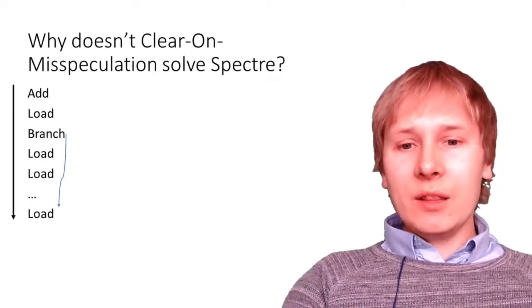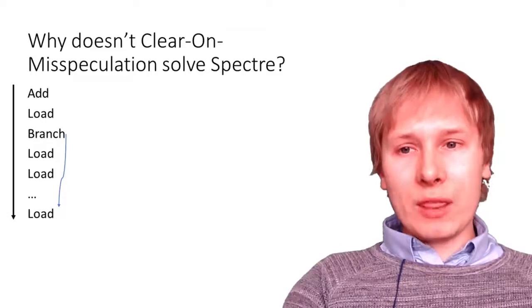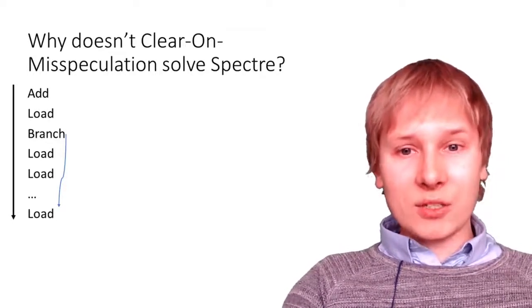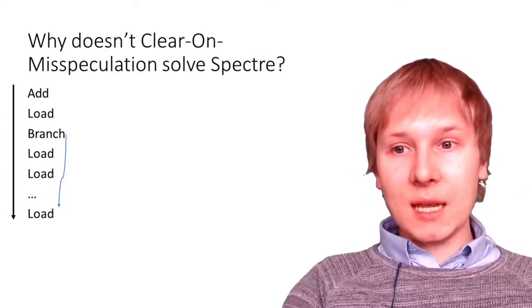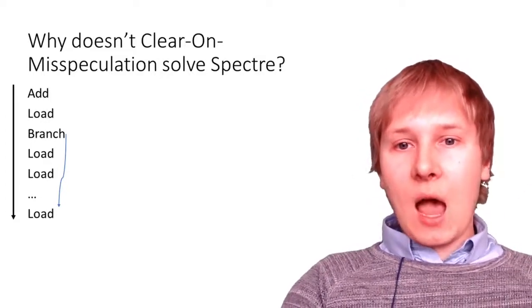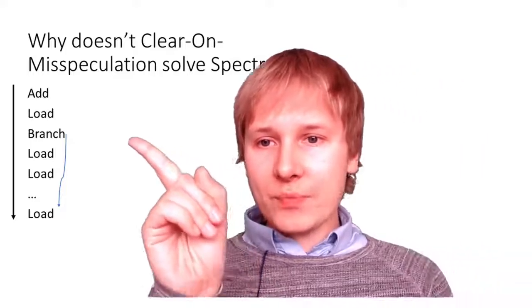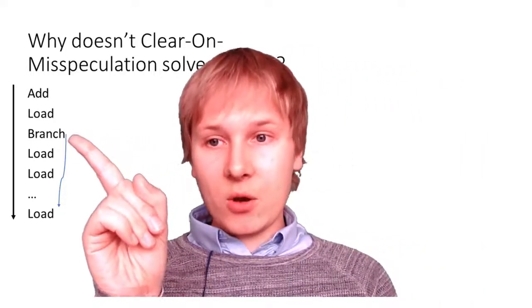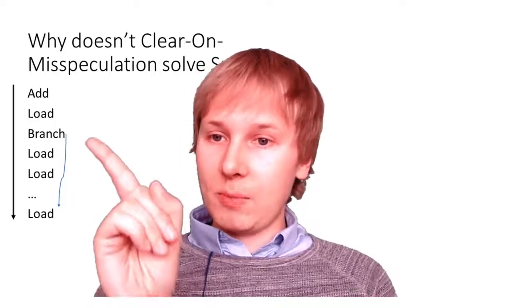And the sort of intuitive thing that you would come up with to fix this is, okay, we've misspeculated, so let's roll back all of that misspeculation. In our example over here, our branch was misspeculated, but we don't know that yet. So we keep executing these misspeculated instructions.